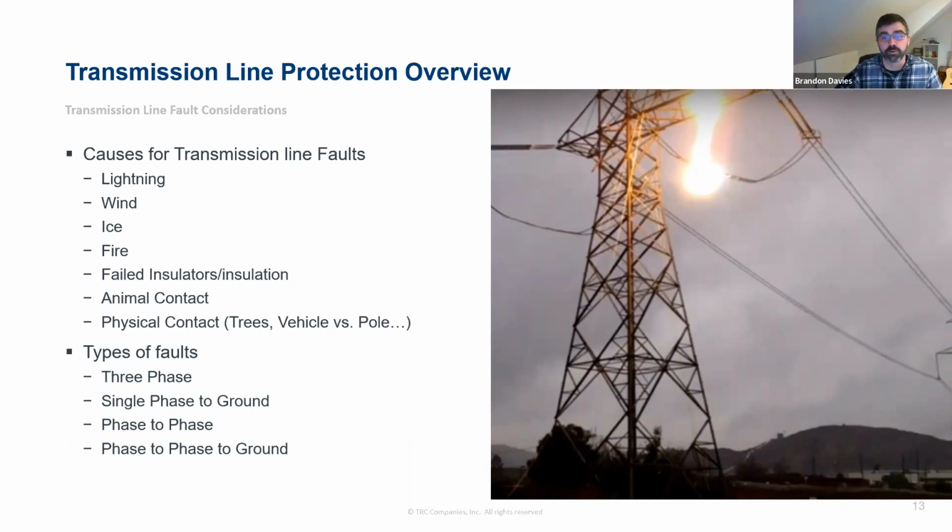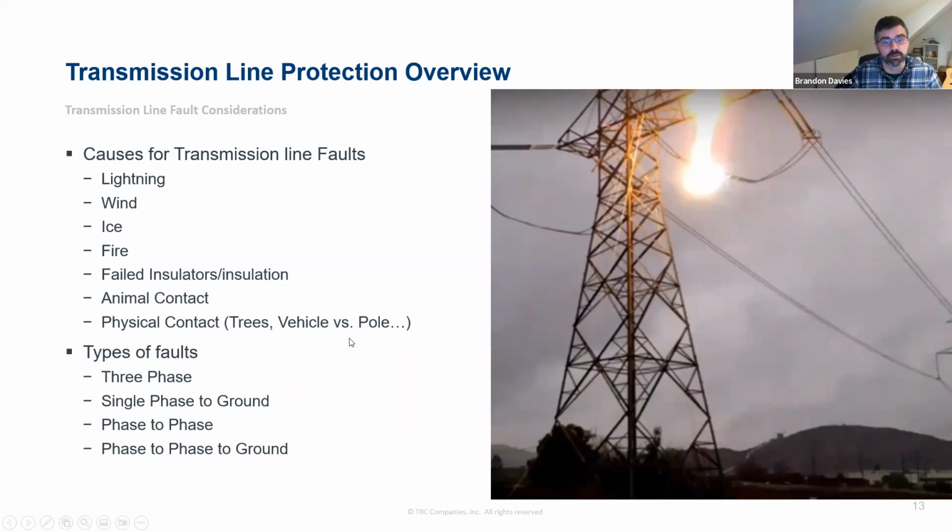But you could have a very large animal or bird perch up on a transmission structure and potentially cause a fault across it.